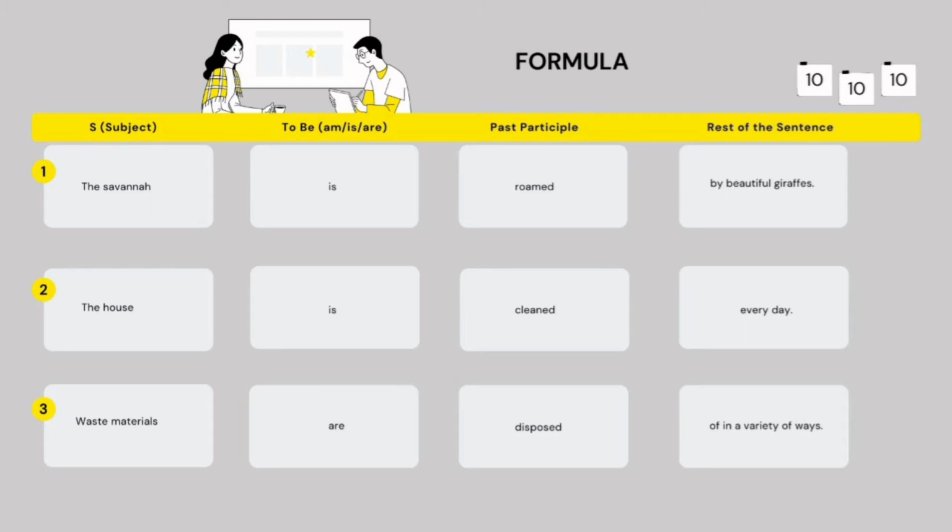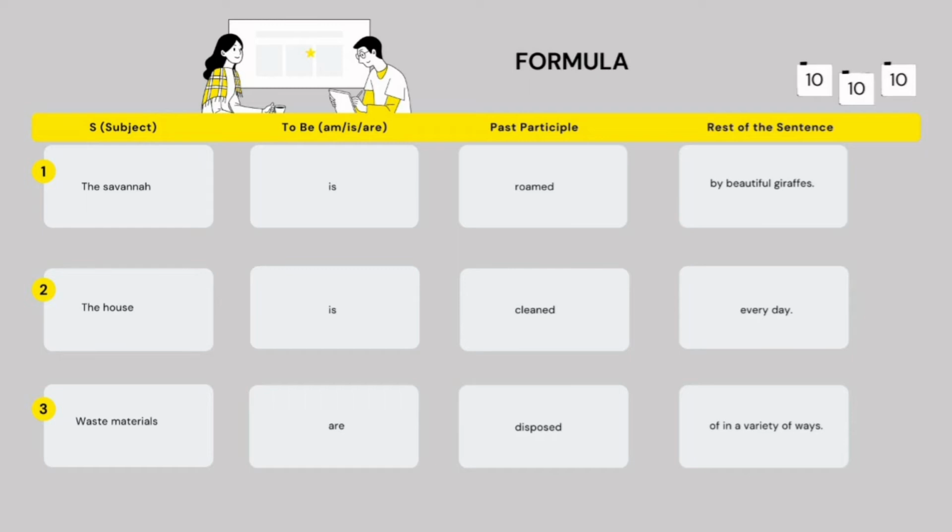Okay guys, let's see the subjects: the savannah, the house, waste materials. Those three subjects are the objects of active sentences. Now they turn to be the subject of the sentence when written in passive voice, and then it's followed by the to be, am, is, are, and then the verb, which is in past participle.